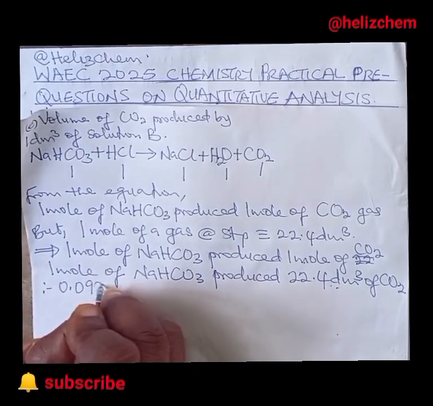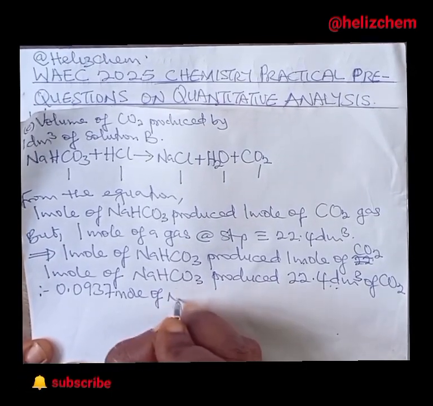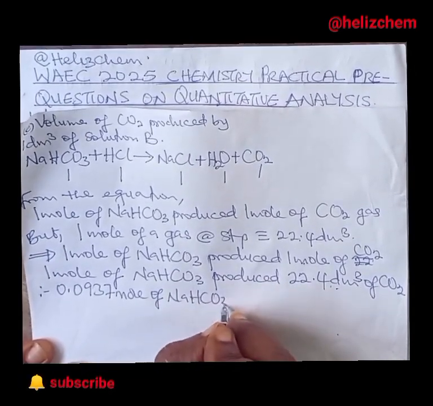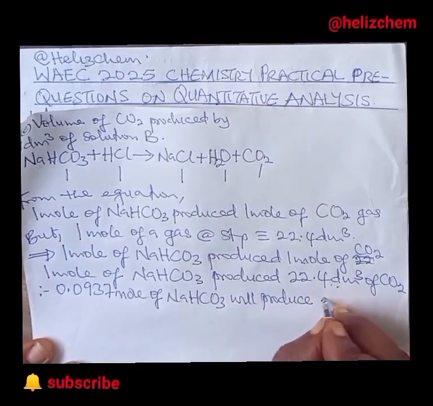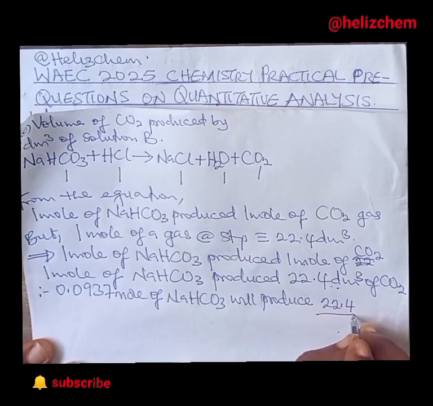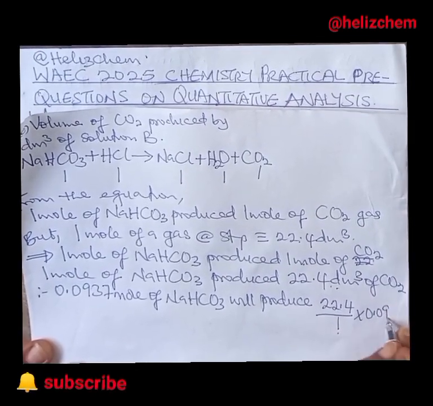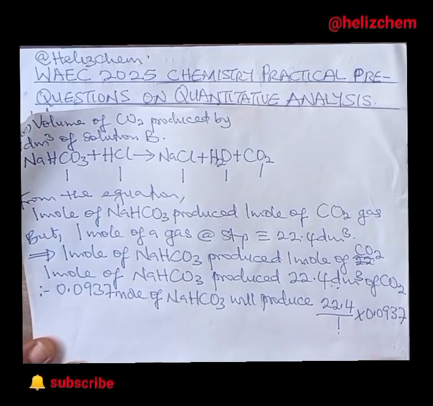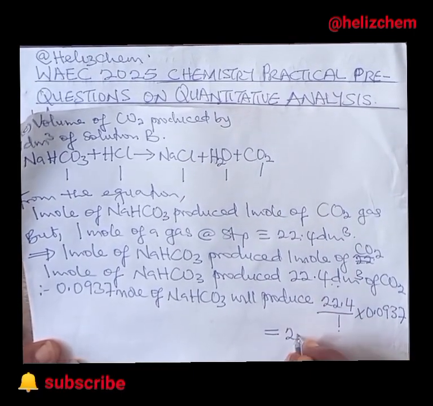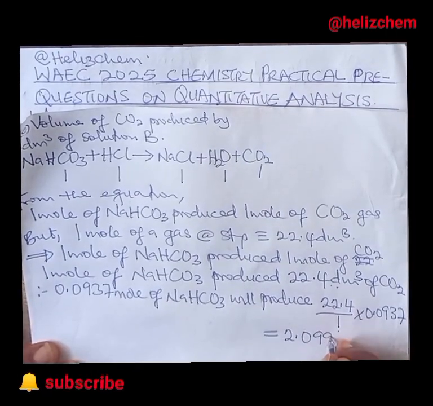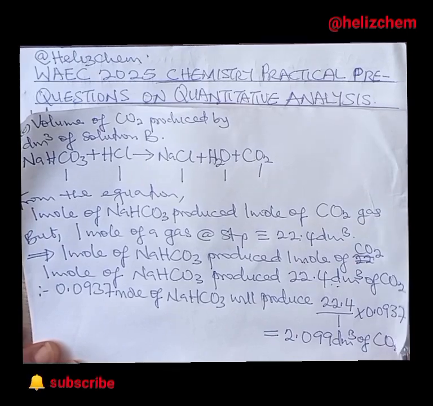Therefore, 0.0937 mole of sodium hydrogen carbonate will produce 22.4 over 1 times 0.0937. And when you press your calculator, you are going to arrive at 2.099 dm cube of CO2.